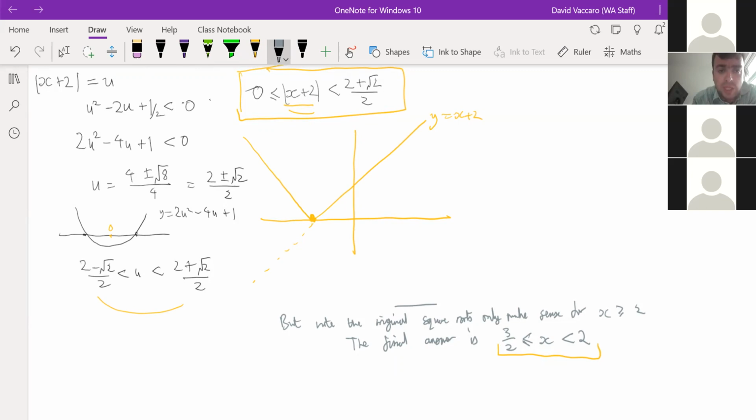Now, what we want is we're looking for y values to be between 0 and 2 plus root 2 over 2. So we're looking for these.